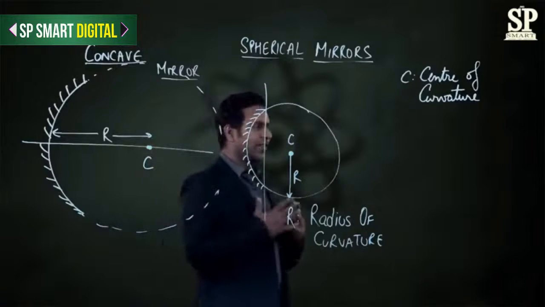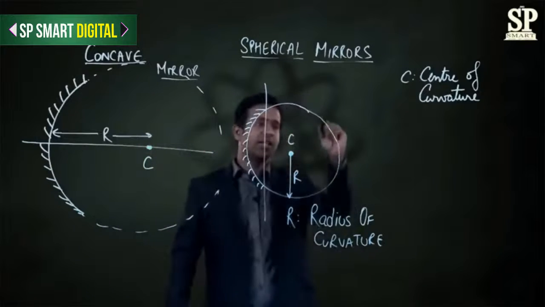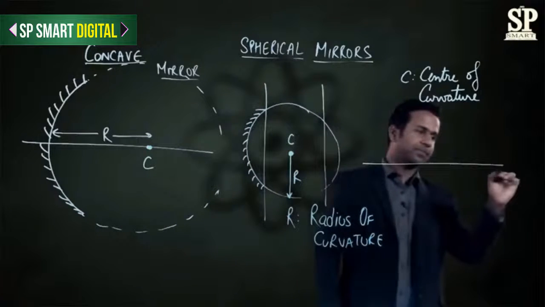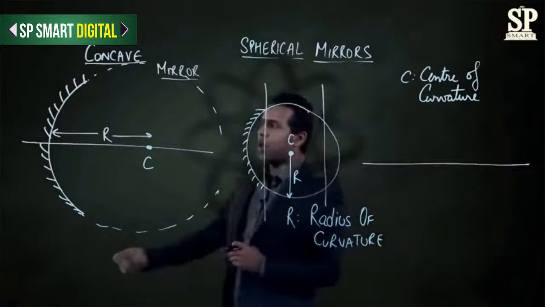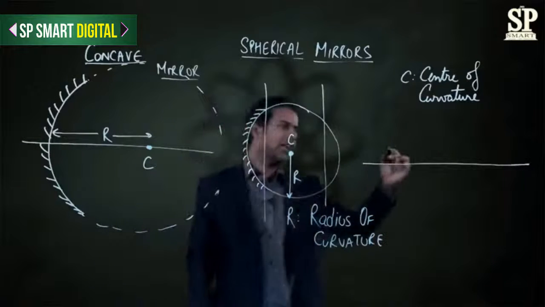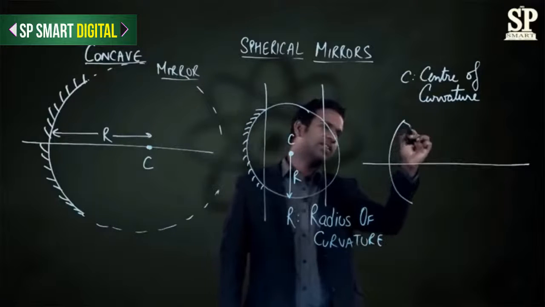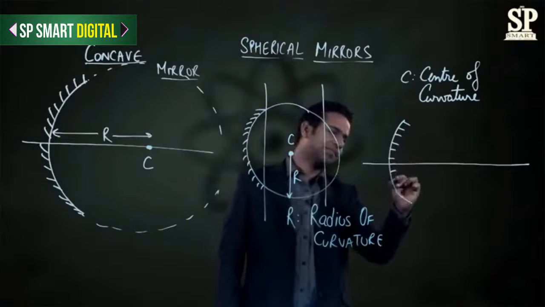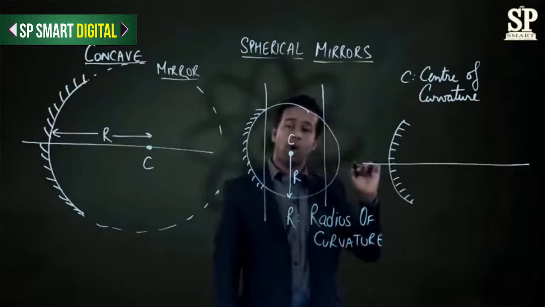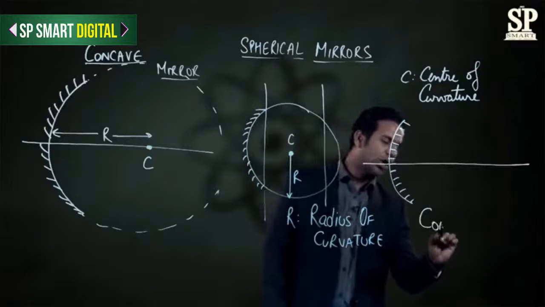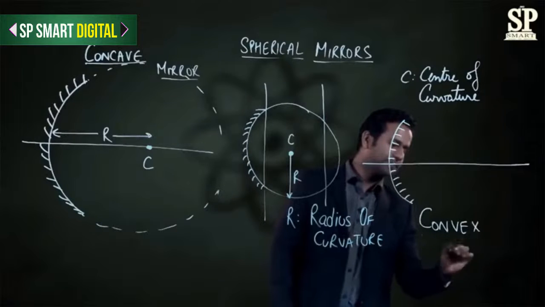Now, if the same thing was done, that is, a part of this mirror was removed, but instead of polishing the outer surface, if we polish the inner surface, which is this, then the mirror that we get is called a convex mirror.